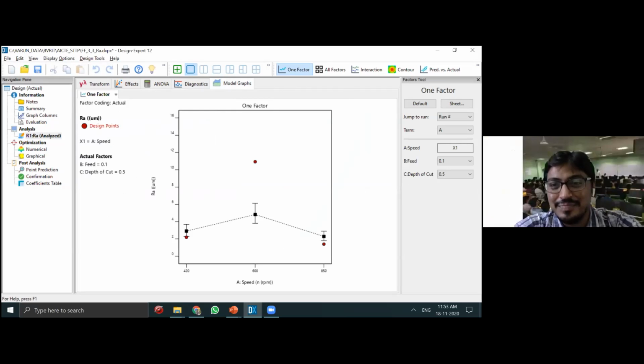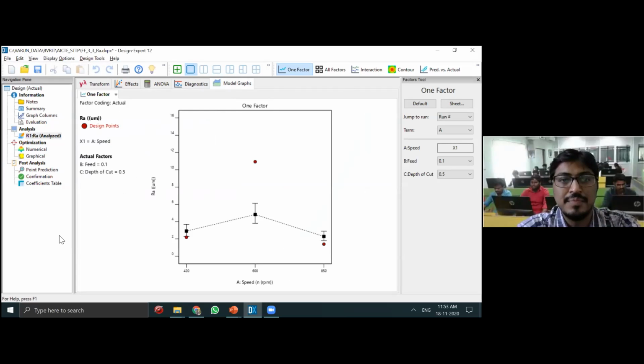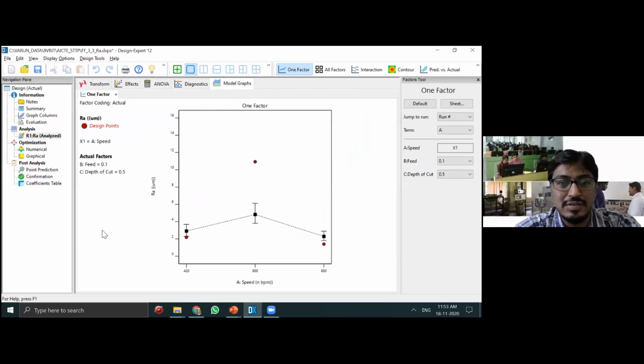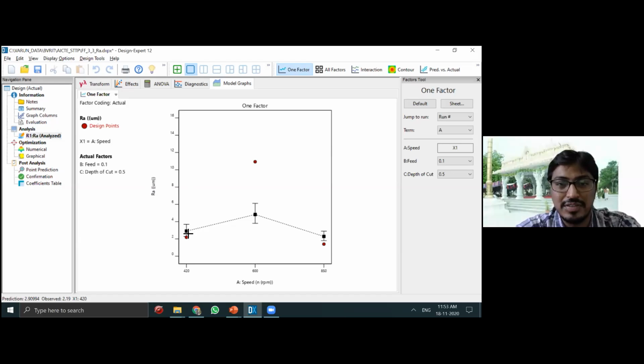So I can just record it. As I told you in the last example, if I am not satisfied with the labeling of the x and y axis, I can just get the points from here.